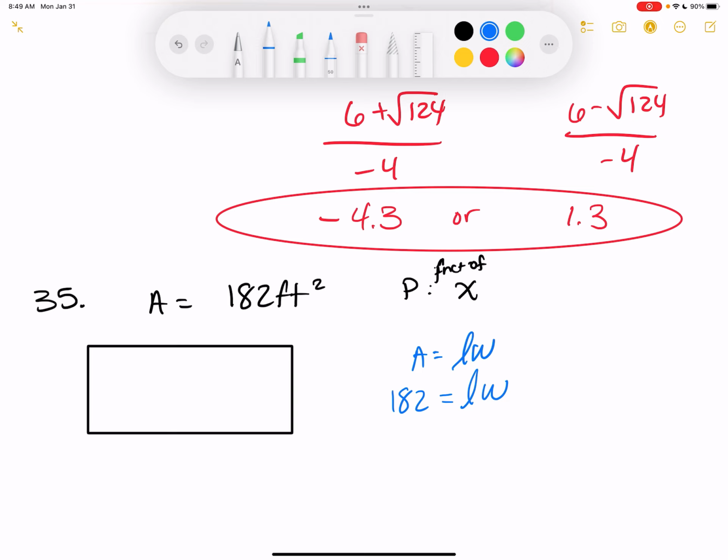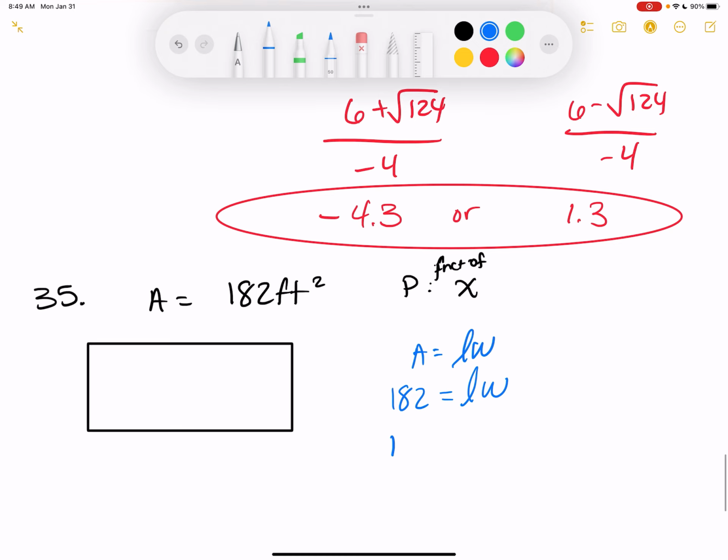Now, it doesn't matter which one we choose to be width and which one we choose to be length, in terms of putting in x for one of them. x is just going to be one of the sides. It can either be length or width. I'm just going to make it width because why not? So I'm going to switch this to 182 is equal to L times x.